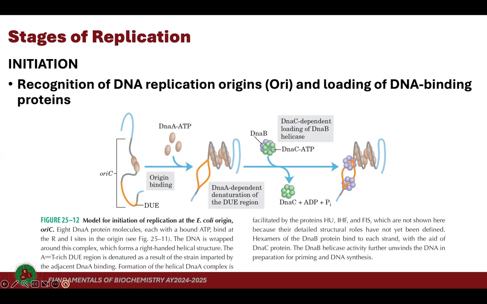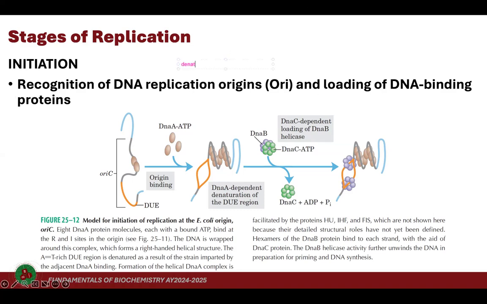So how does a cell know that that DNA segment is the ori? That's where the replication bubble should form. They performed this experiment called denaturation mapping, and you can read it.